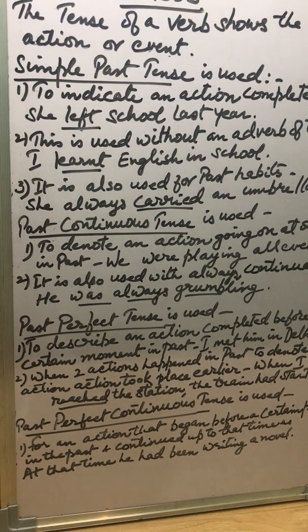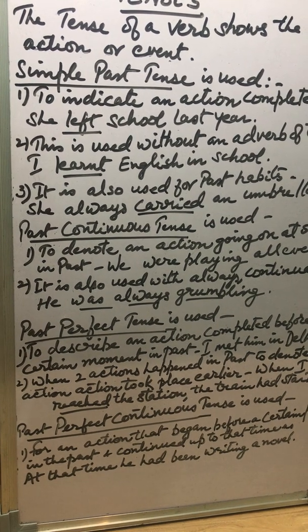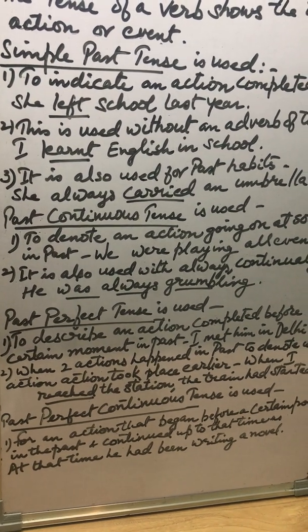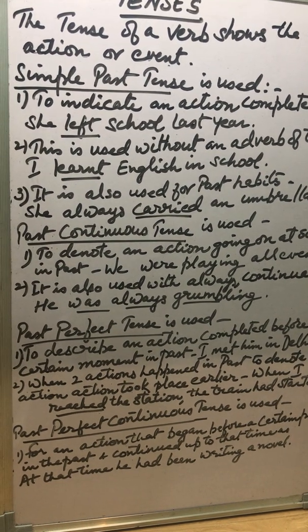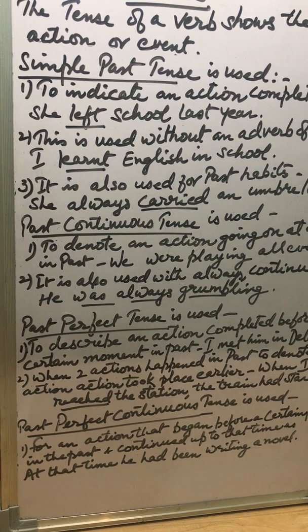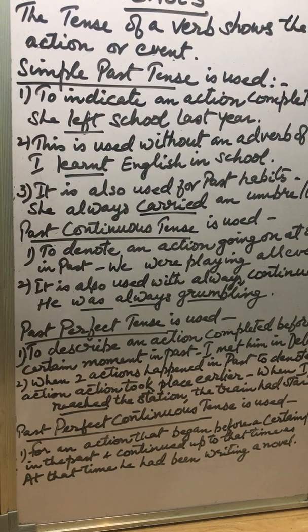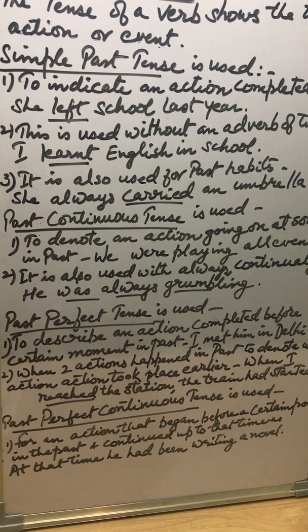I had written the letter before he arrived. In this sentence also there are two parts. First takes the past perfect, I had written the letter, and the second, before he arrived, takes the past simple.